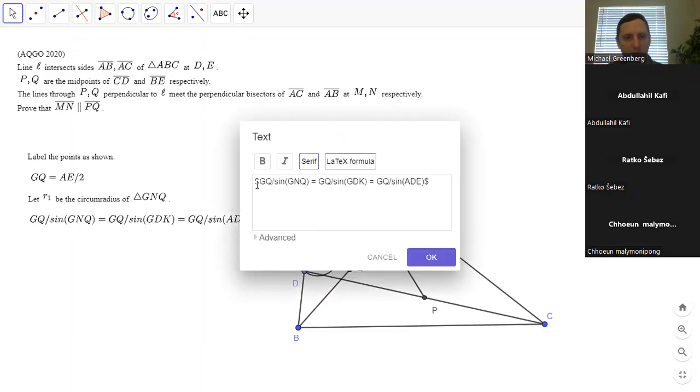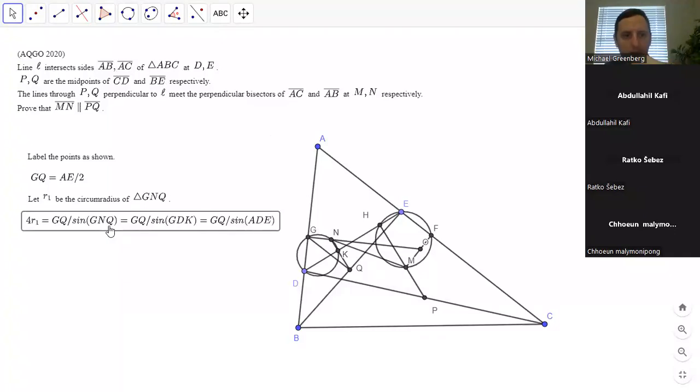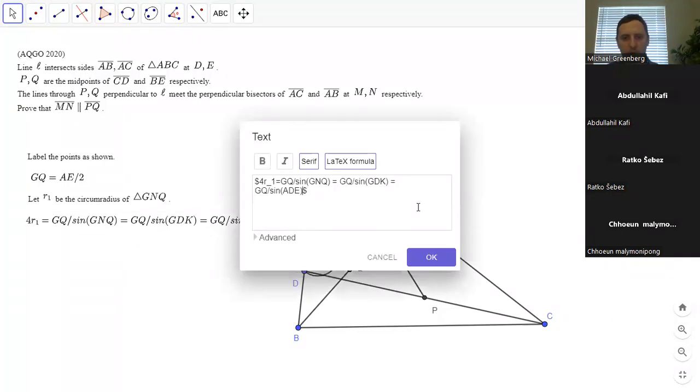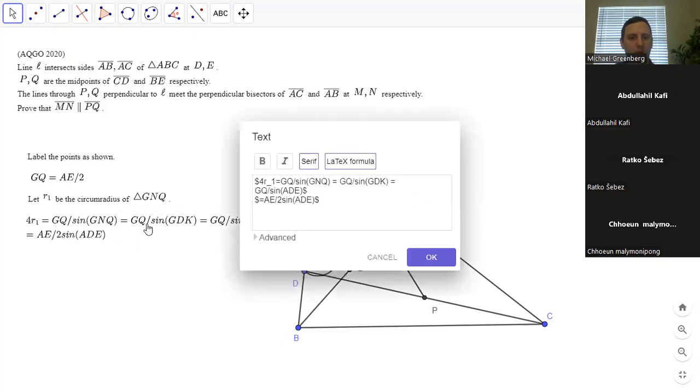I think that's the formula, right? So GQ over sine ADE is equal to AE over 2 sine ADE. And I think it's 2R1 instead of 4. 2R1? Okay.